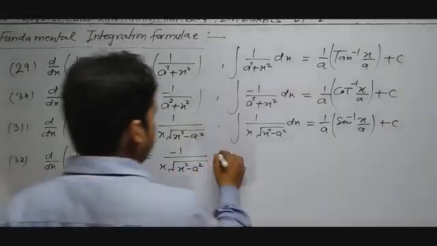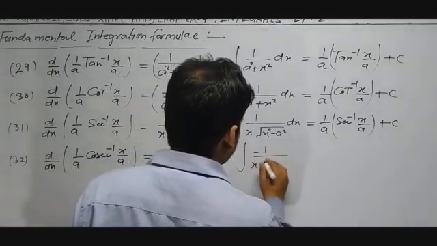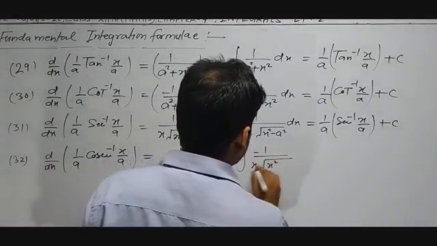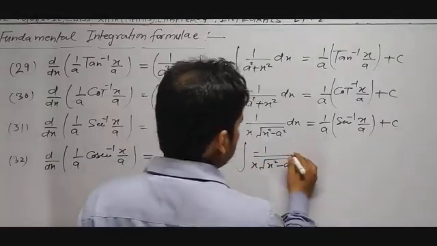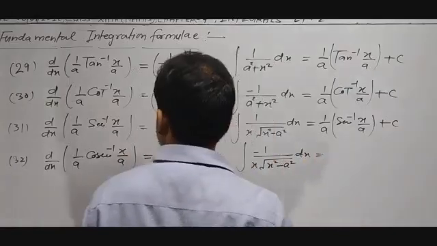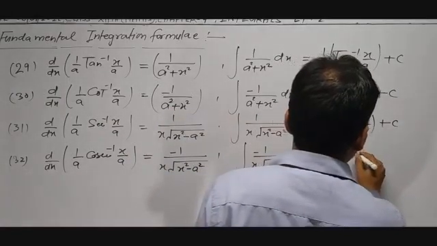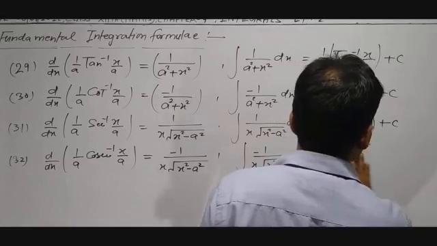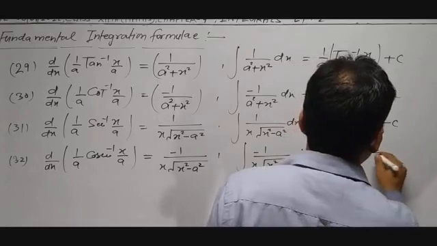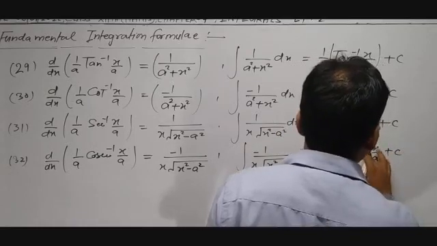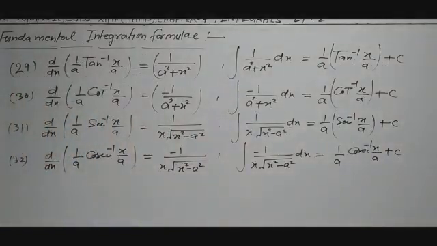So its antiderivative, integration of minus 1 upon x root over x square minus a square dx, is equal to 1 by a cosec inverse x by a plus c.